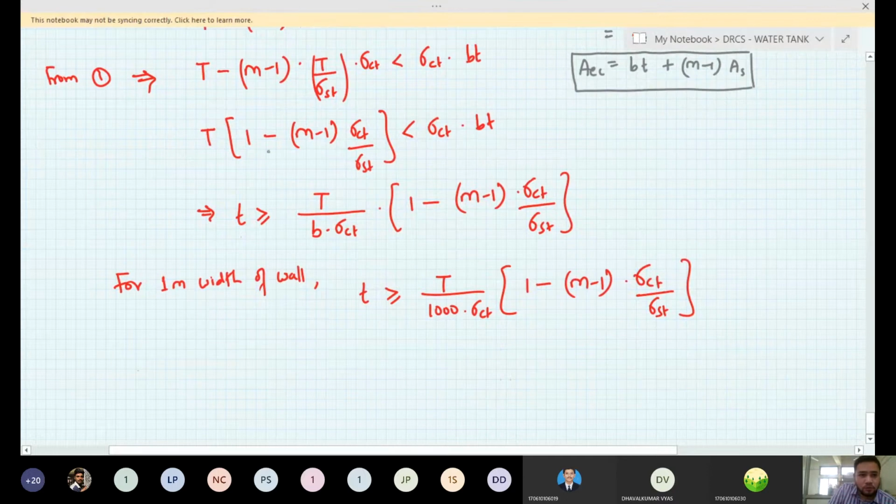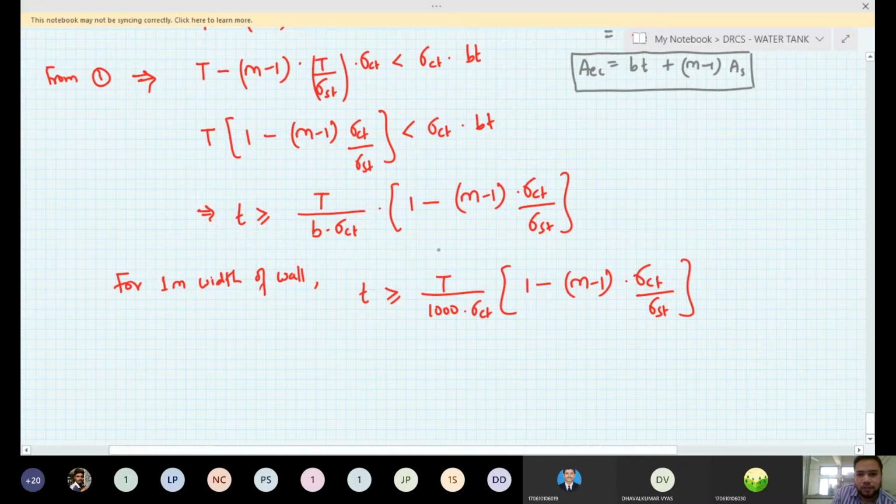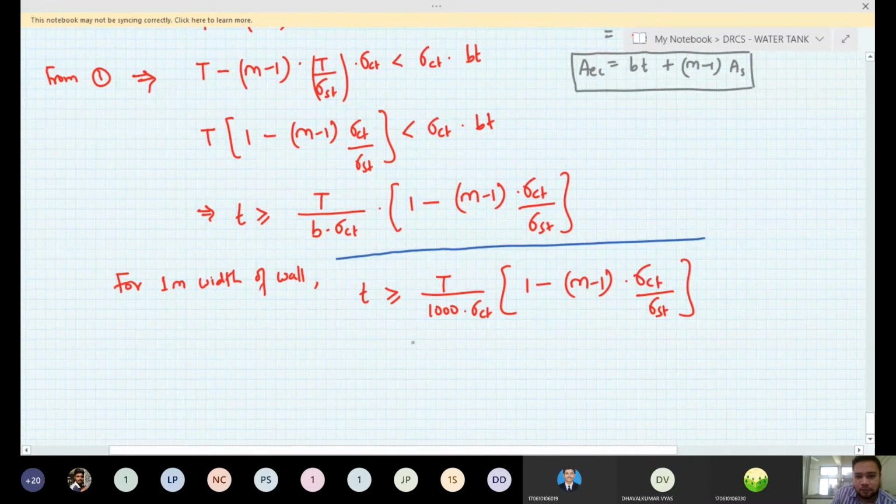Using this formula you can find the minimum thickness required for a member subjected to this tension T.